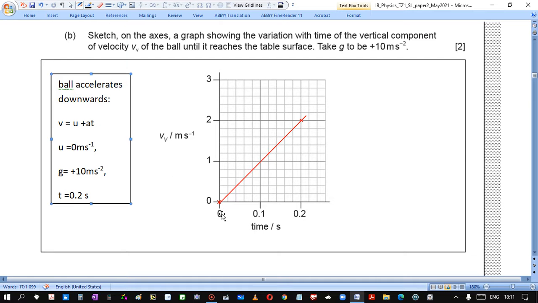At time 0 velocity is 0, at time 0.2 seconds velocity will be 2.0, so we put these 2 points, 0, 0 and 0.2, 2.0, and draw a straight line, because the gradient equals acceleration, which is constant, so it is a straight line graph.